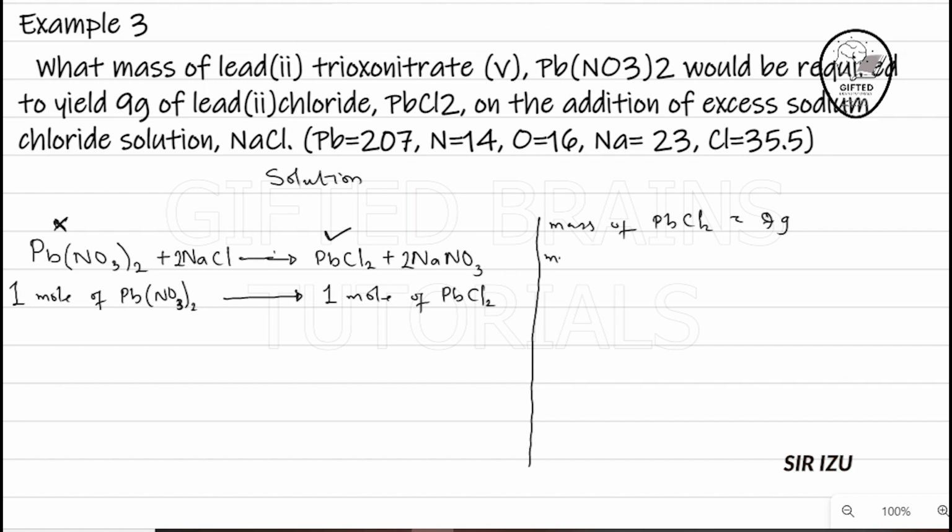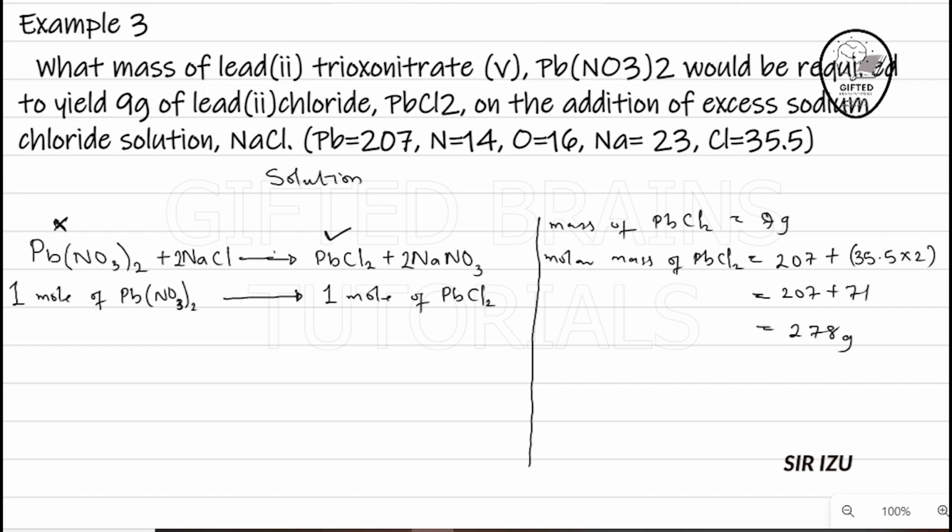First of all, what's the molar mass of PbCl2, lead(II) chloride? Lead is 207 plus chlorine, 35.5 multiplied by 2. So at the end of the day, I will have 207 plus 71, and that will give us 278 grams per mole.